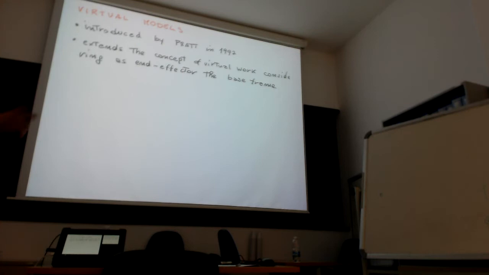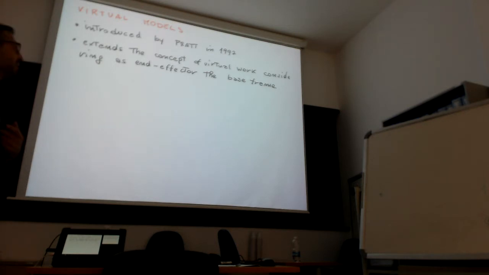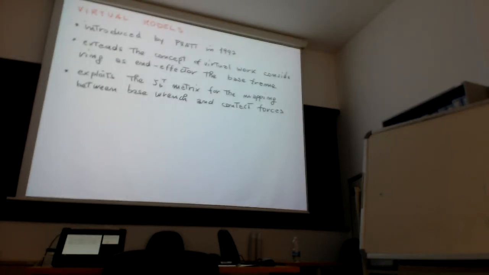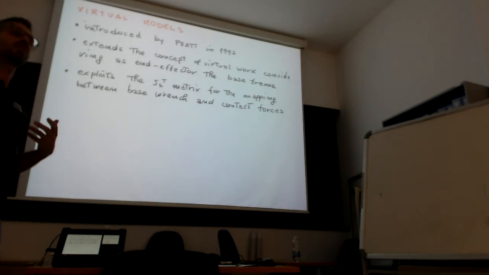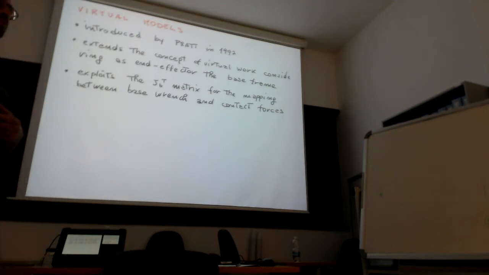It's called virtual model control, from the concept of virtual work, considered at the base frame. So instead of mapping contact forces at the end effector into torques, it maps wrenches at the base into contact forces.